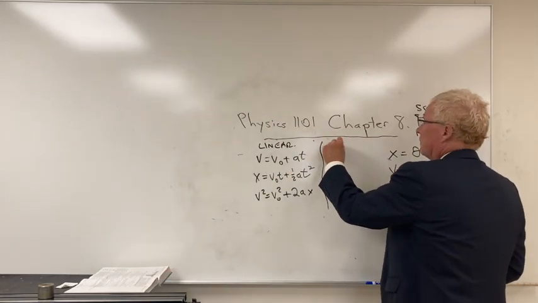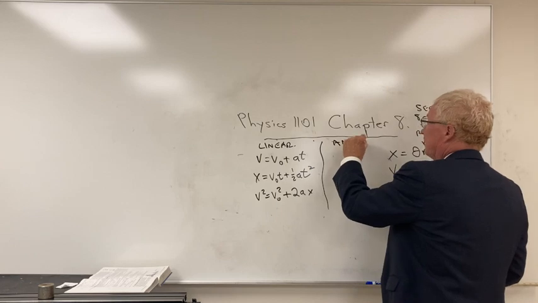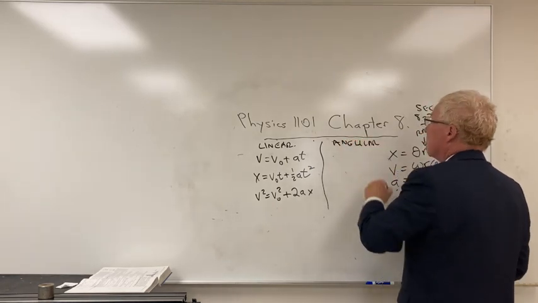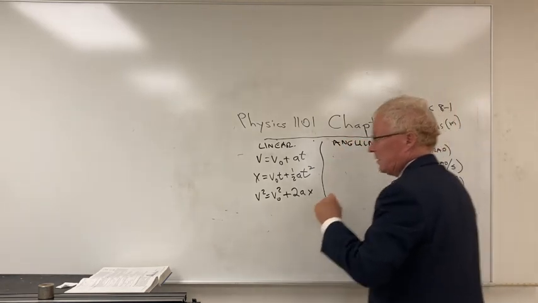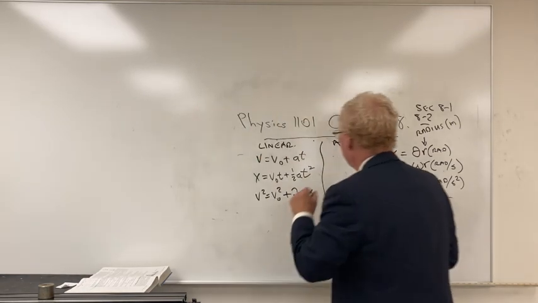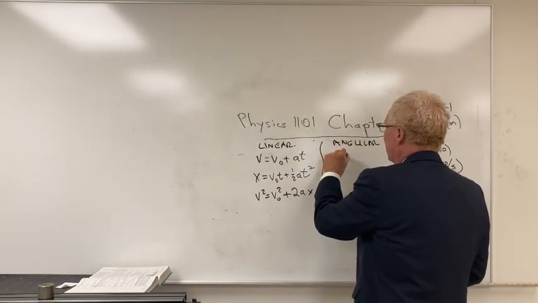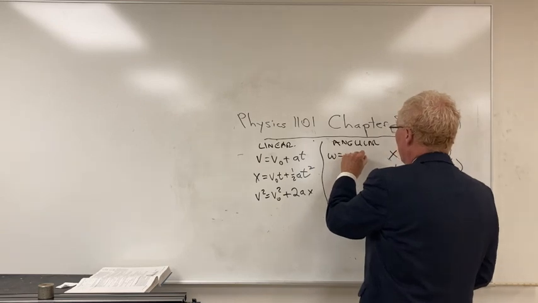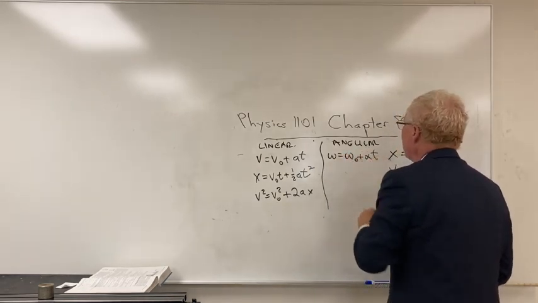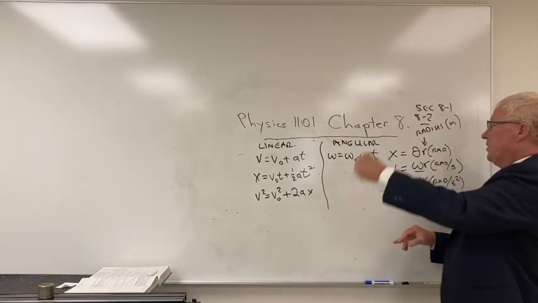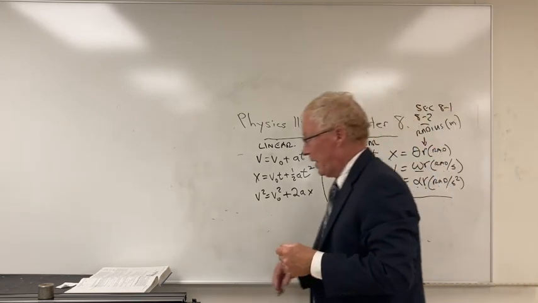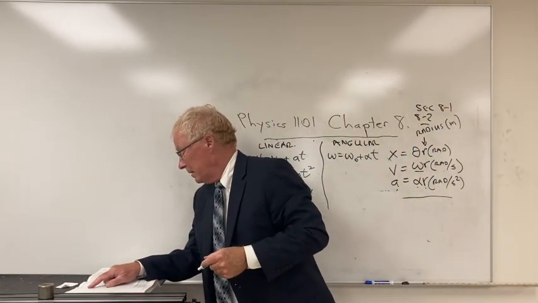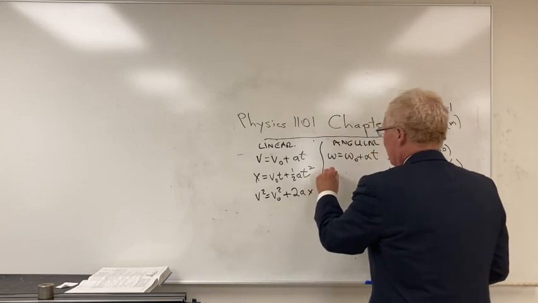So angular is almost the same. Instead of v, we have omega is omega naught plus alpha times t, where again, alpha is the angular acceleration.